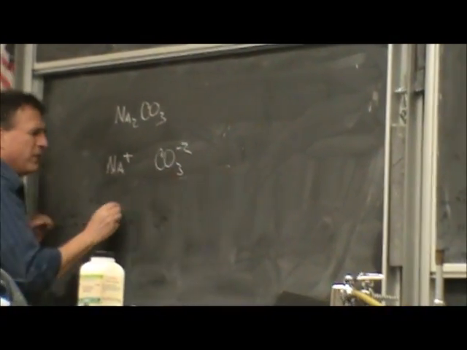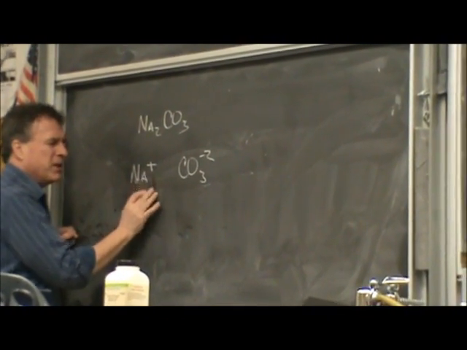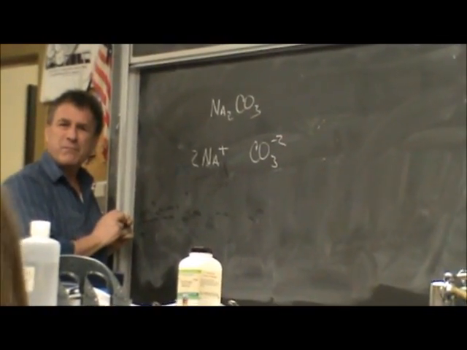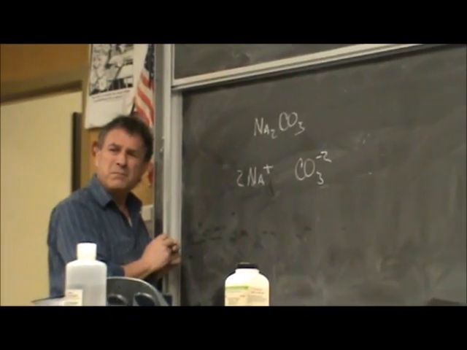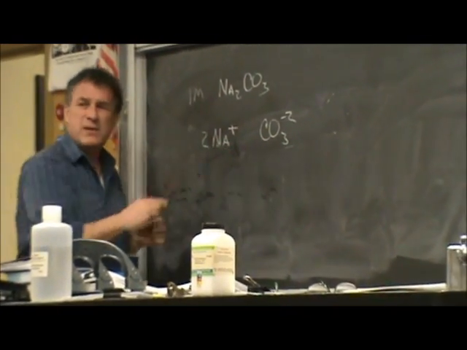By the way, you're not really tempted to write ions like that, are you? And then I have people all the time write this. Do I make two of them? A 1 molar solution of this, does it contain 2 of these and 1 of those?